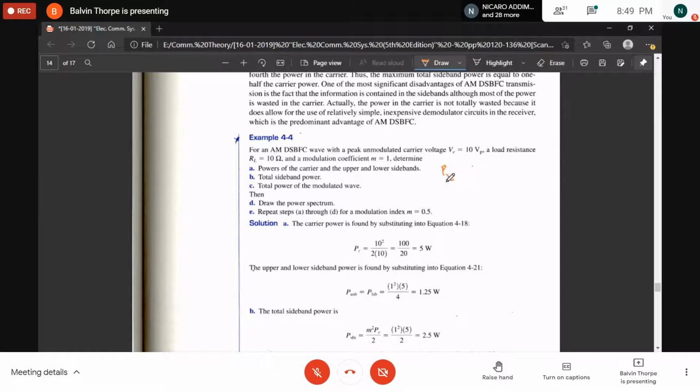as simple as one plus m squared over 2. That would have to be multiplied by PC as well, sir.